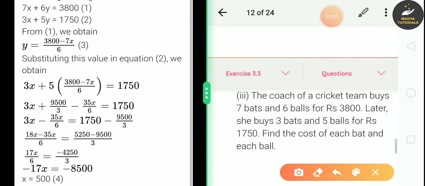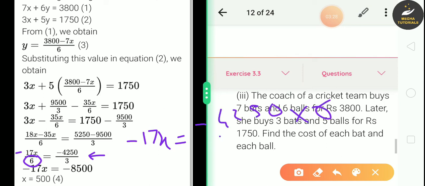Then 18x minus 35x is minus 17x upon 6, and 5250 minus 9500 will give minus 4250 upon 3. Then you can transpose this 6 to the right hand side, so we'll get minus 17x is equal to minus 4250 into 6 upon 3.